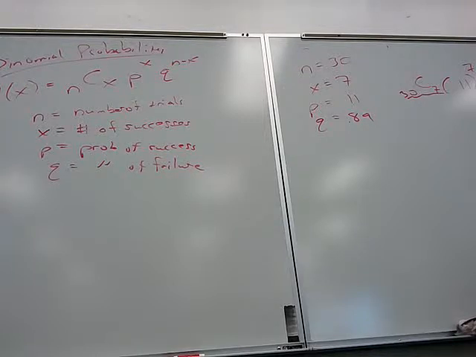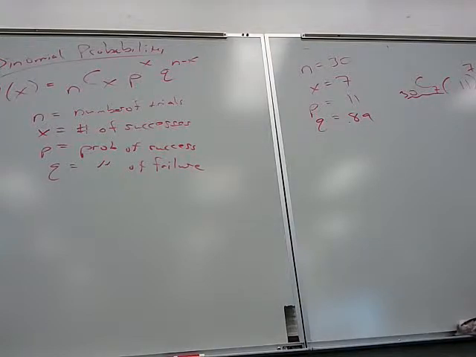Now, just to get to the more practical question, you don't often want to know exactly 7 left-handers. Because let's say you're trying to set up a classroom, and you're like, how many left-handed desks should I put in this classroom to hit the right number in general? So let's say that every classroom has 30 students in it. You with me? If I put 5 desks in there, will that be enough to keep people happy?